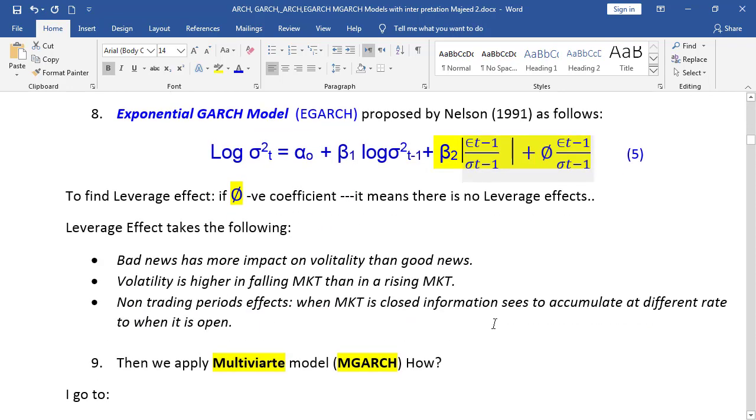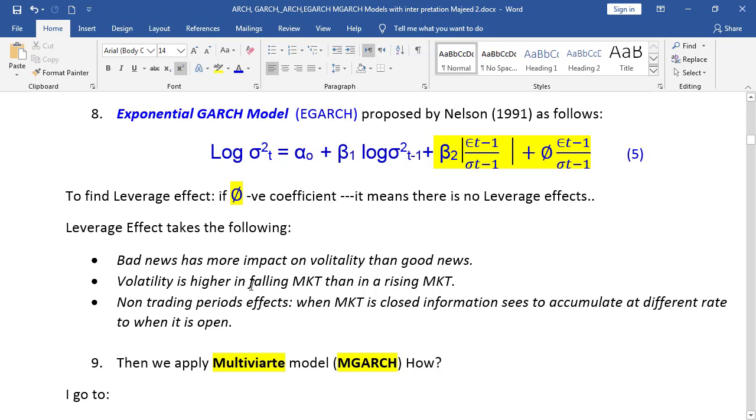The EGARCH model was proposed by Nelson in 1991, and we have to use the log variance, lag 1, of the last period, the previous period, and here you can see this is theta. If theta is a negative coefficient, it means there is a leverage effect, and the leverage effect takes the following form: bad news has more impact on volatility than good news.